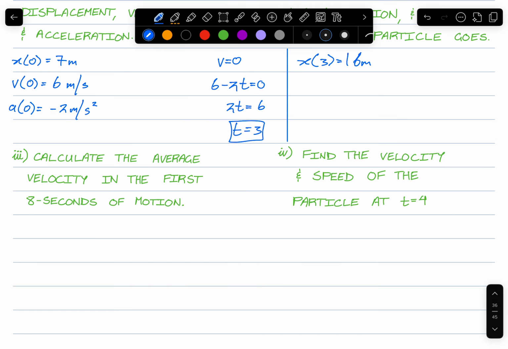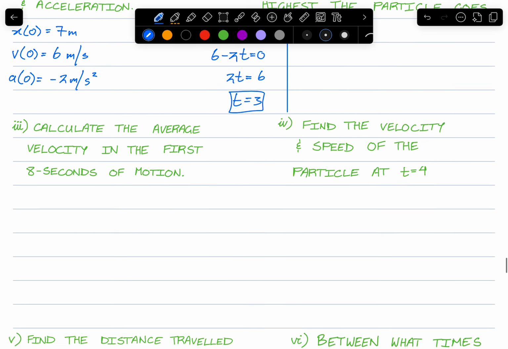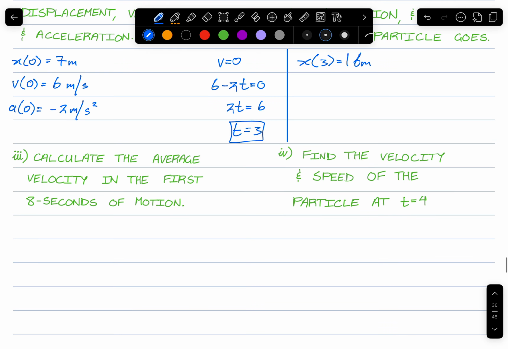Calculate the average velocity in the first 8 seconds of motion. When it's talking about average velocity, recall that that just means find the gradient from t equals 0 until t equals 8.